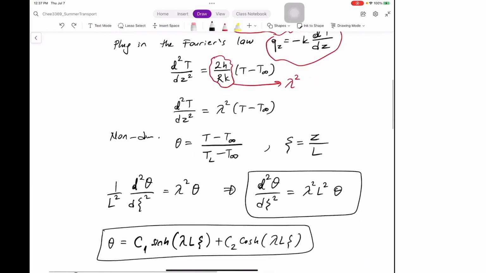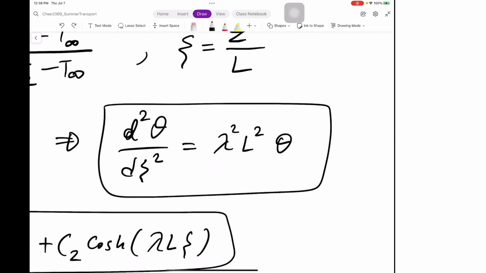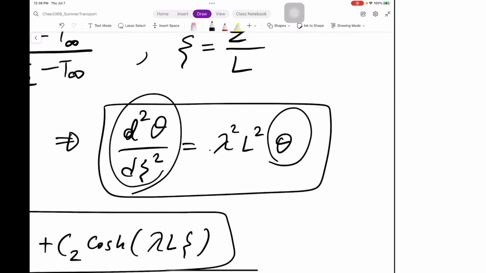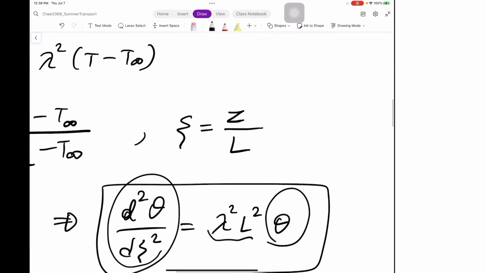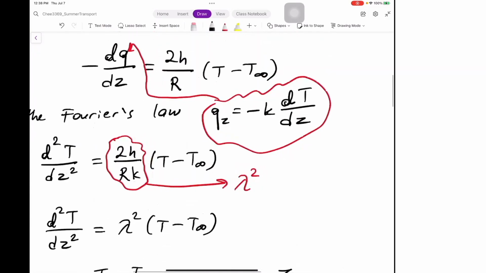One, it's going to make it easier to follow the units. For example, if you have a look at this thing, you know that this is entirely unitless and this is entirely unitless, and you know that this must be unitless, so that you can go back and check whether this lambda squared is indeed 1 over meters squared. You can go back to your definition and see that, yes, this is 1 over meters squared.